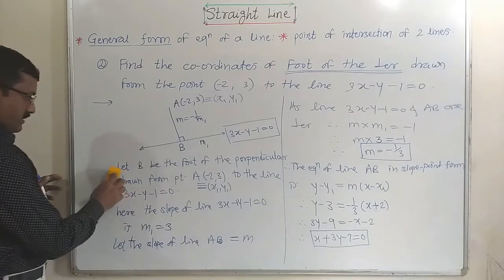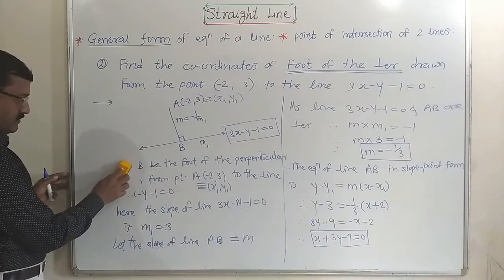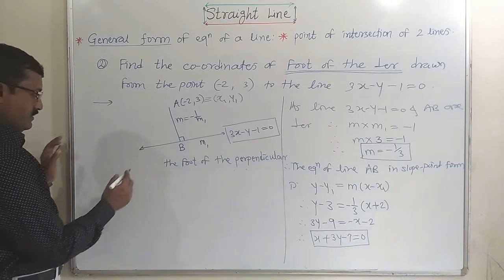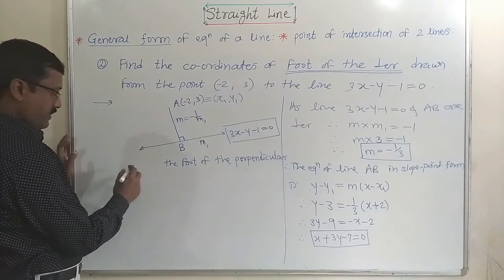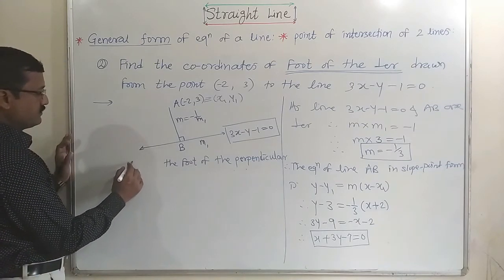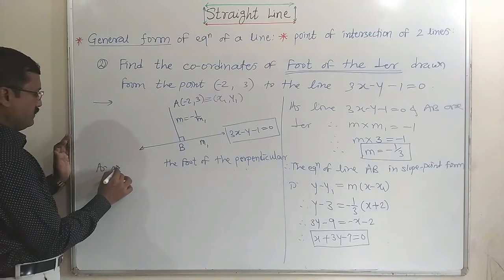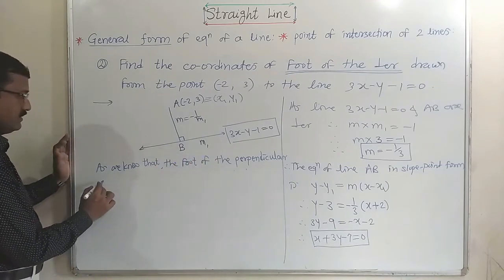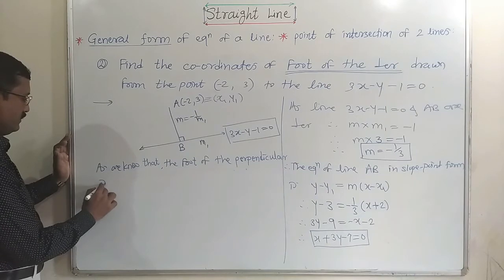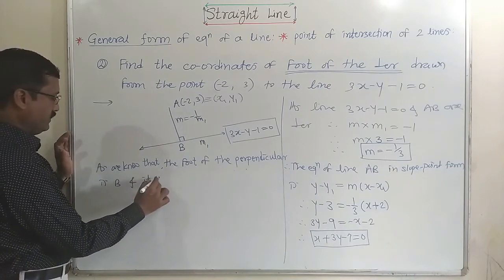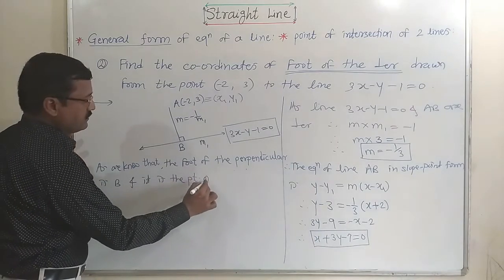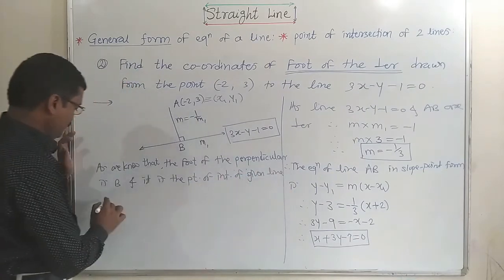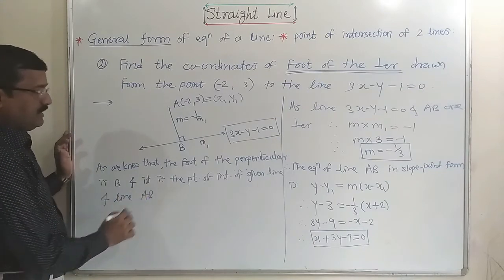So here, as we know that the foot of the perpendicular is B and it is the point of intersection of the given line and line AB.